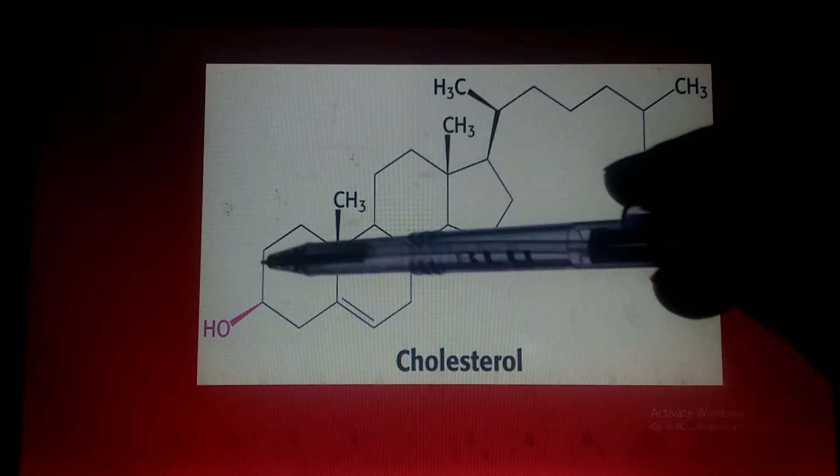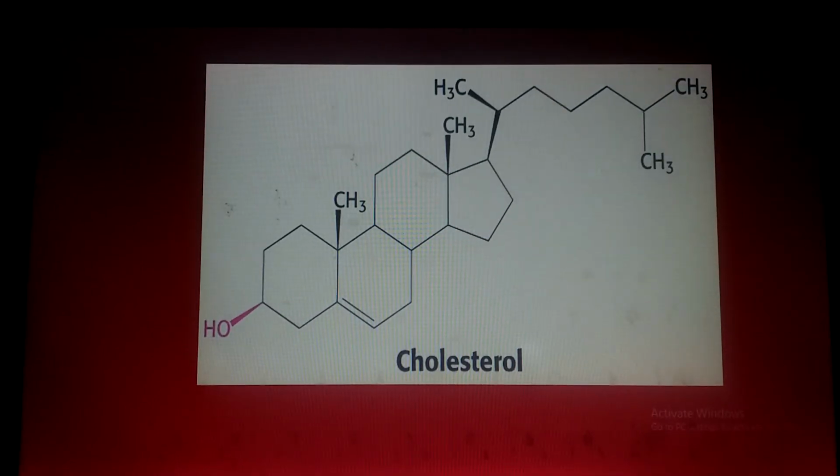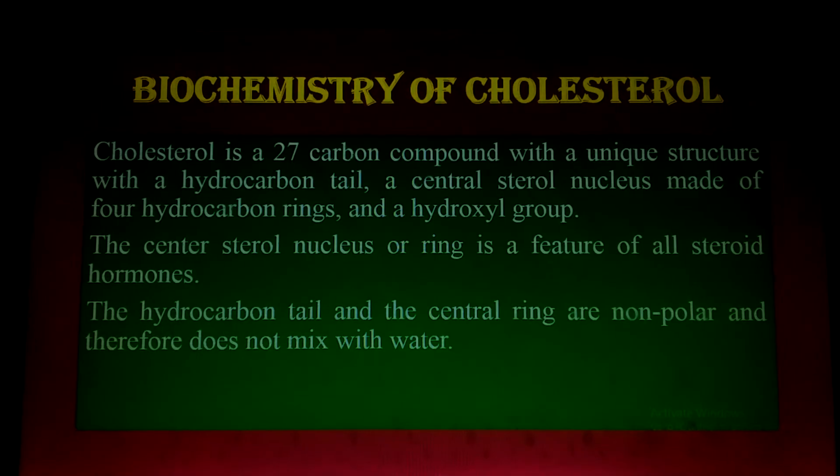Is it clear? And this is the hydroxyl group. This is the overall structure of cholesterol, and the hydrocarbon tail and the central rings are non-polar and therefore do not mix with water.